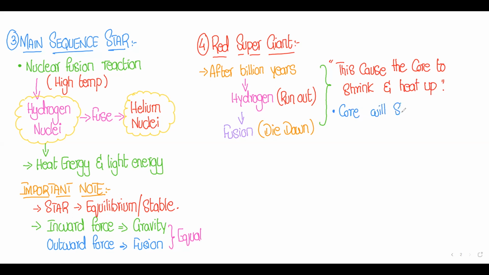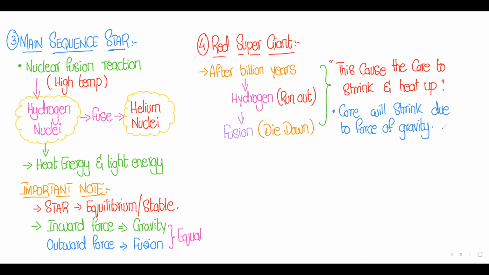core will shrink due to the force of gravity. So we are having the force of gravity which tries to shrink the whole core of that specific star, and the fusion reaction dies down.